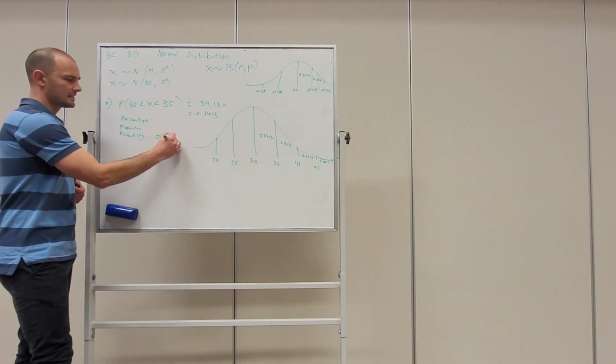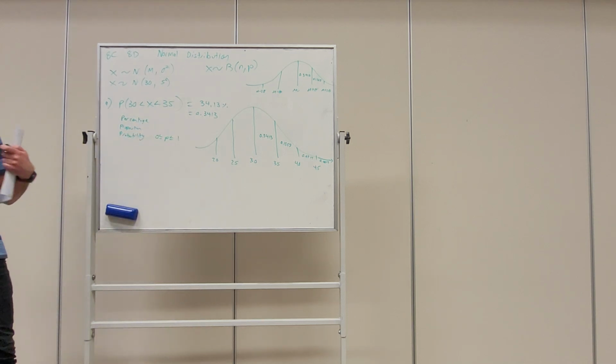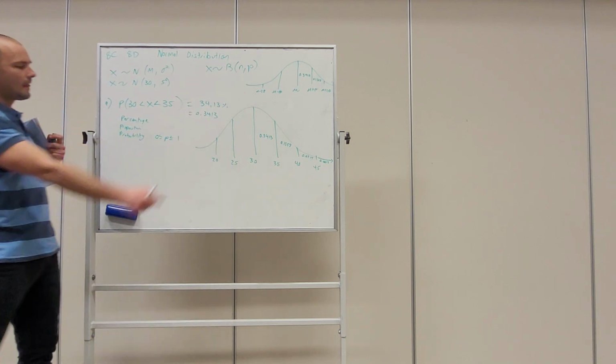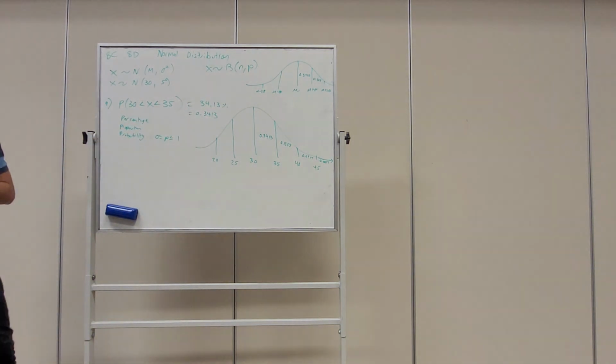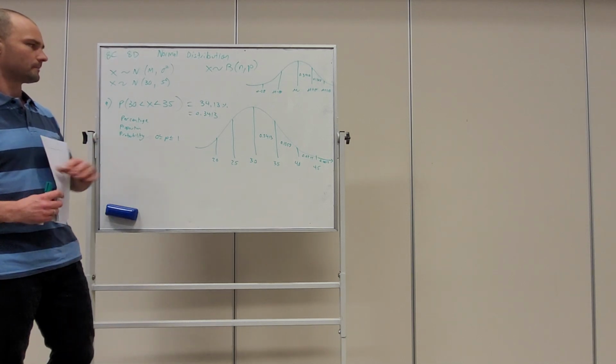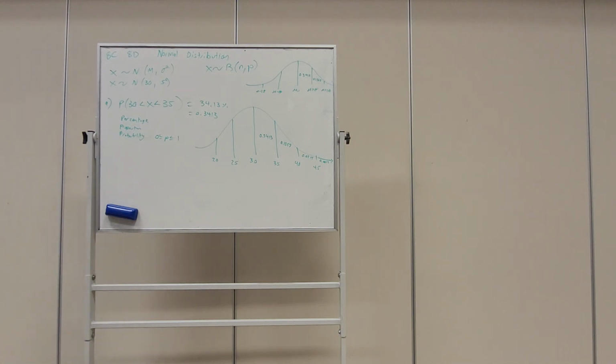Percentage is a percent value. It's the probability multiplied by 100 with a percent on the end. Here's your percentage. And proportion, we'll accept either. What proportion? 34%. What probability? So both of those are correct ways of expressing the answer.